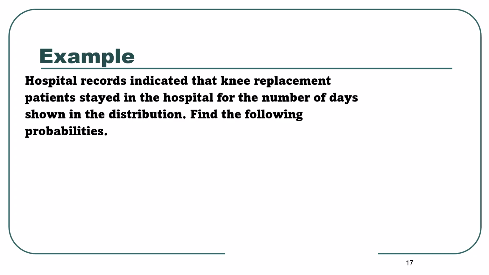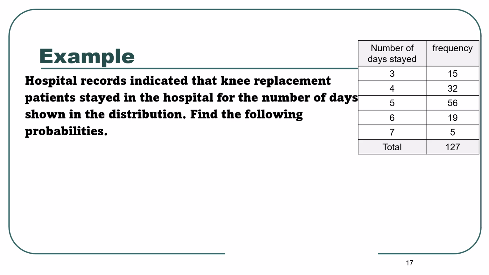So let's see an example. We have the distribution table for the number of days stayed for 127 patients who underwent a knee replacement, and we want to find the following probabilities. A patient stayed exactly 5 days. So what is the probability that the number of days is exactly 5?